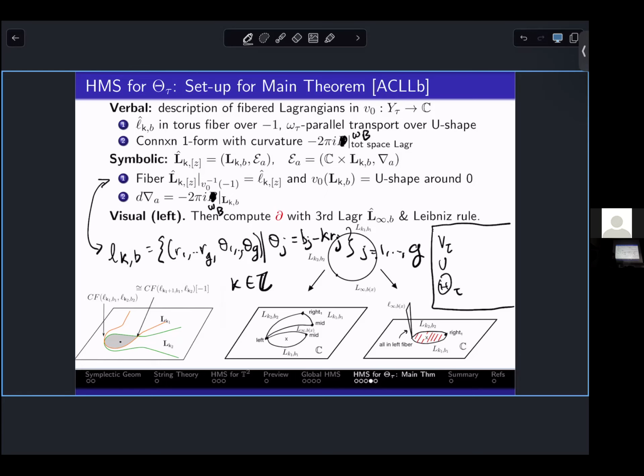And then we had a mirror T^{2g}, which is a fiber of the Y_tau. The SYZ happens on these. They have the same base and they have dual fibers. This is the same base, and this is the fiber that's dual to this one.